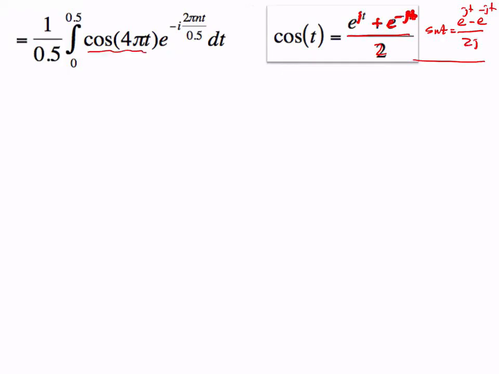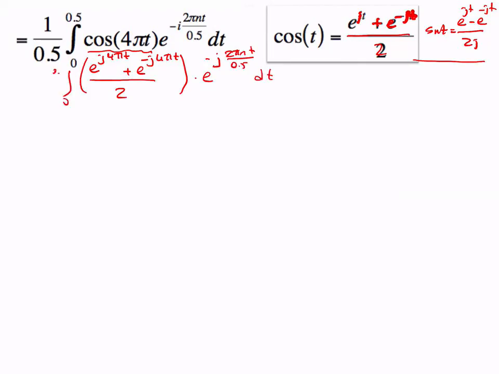I'm going to write this one here, e to the power j 4 pi t plus e to the power minus j 4 pi t divided by 2 times e to the power minus j 2 pi n t divided by 0.5 dt.